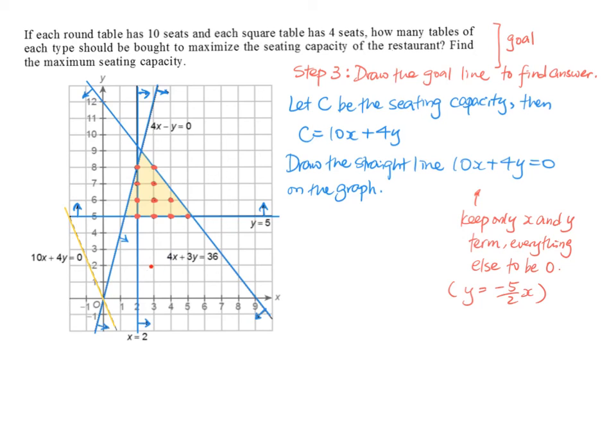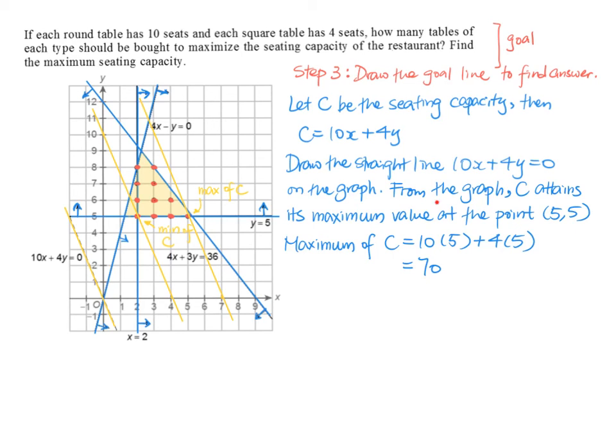Now think about this. If I keep this slope and keep pushing this objective line outward, x and y would increase, and then C would increase as well. The farther you go, the greater C would be. When the line touches here, this would be the lowest of C, and this would be the highest of C. So from the graph, C attains its maximum at the point 5, 5.